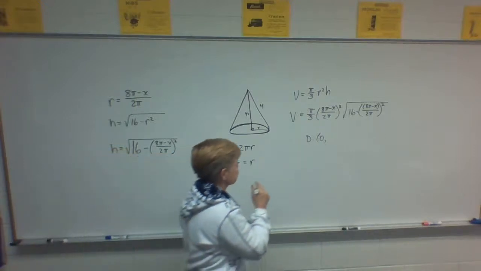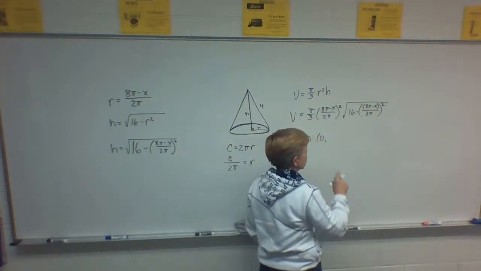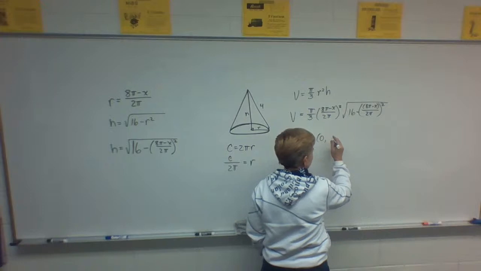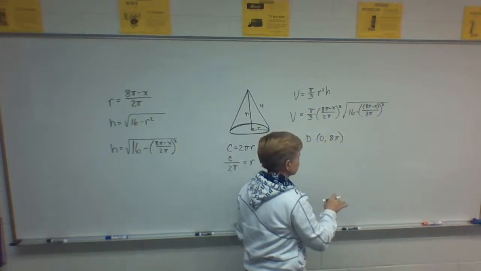Eight pi. Because the very most you could do is cut out the whole thing and then you have no cone either. So it starts at a no cone and ends at a no cone, but it won't be any bigger than that. Okay, so that's your domain.